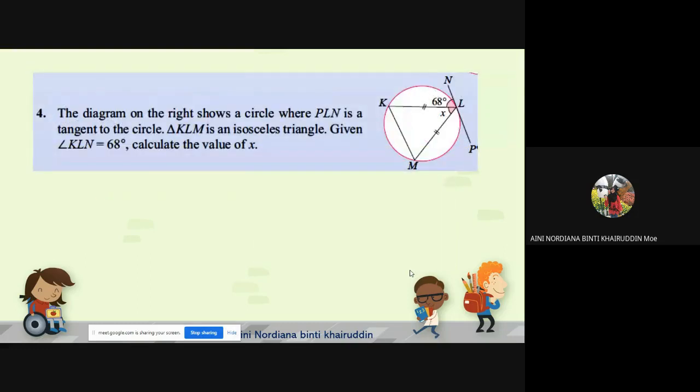Okay, question number 4. Calculate the value of x. So first you need to calculate this angle. How to calculate this angle? Equals this, because this is the alternate segment. So since KLM is an isosceles triangle, because of this mark, so angle here also 68, then you can calculate the value of x, which is 44.